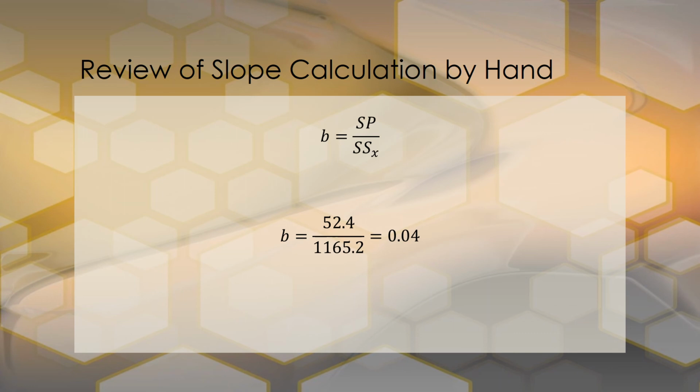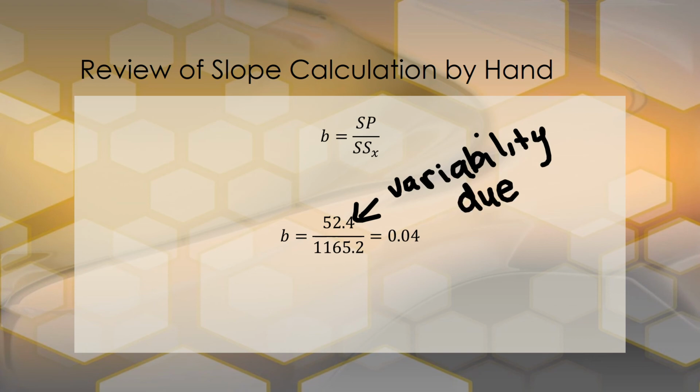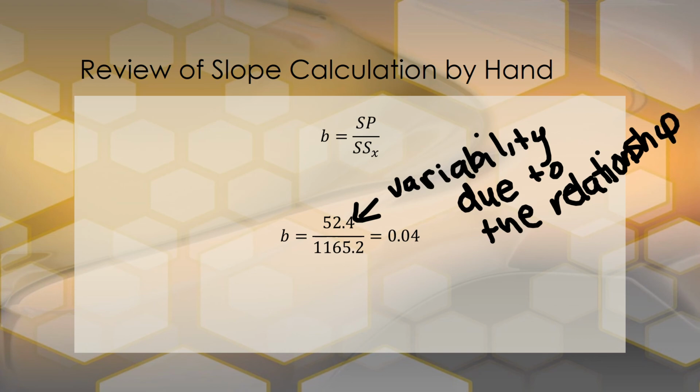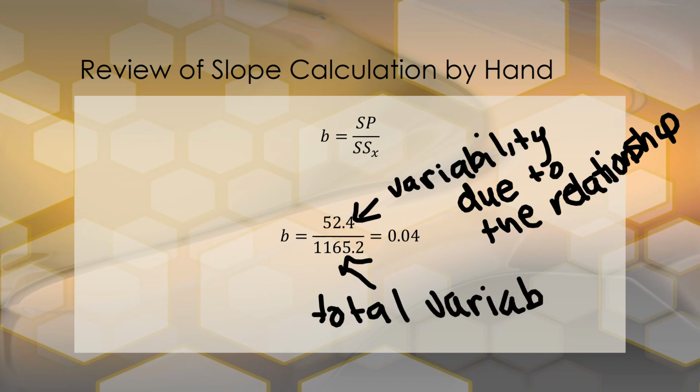And so basically on top we have the variability due to the relationship, and on bottom we have the total variability in x to get our slope.